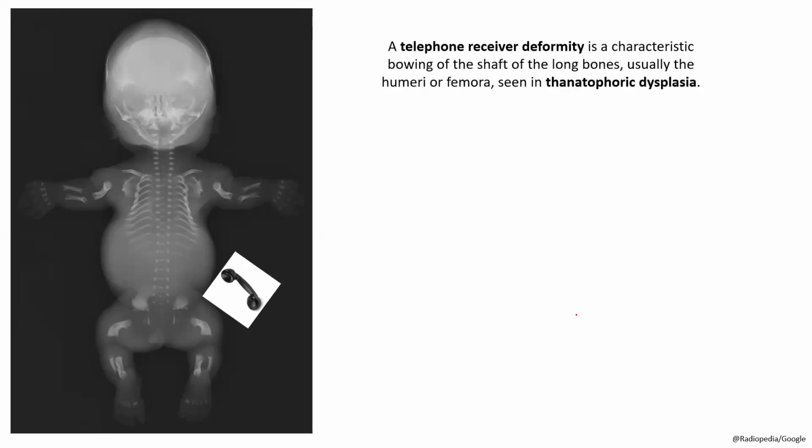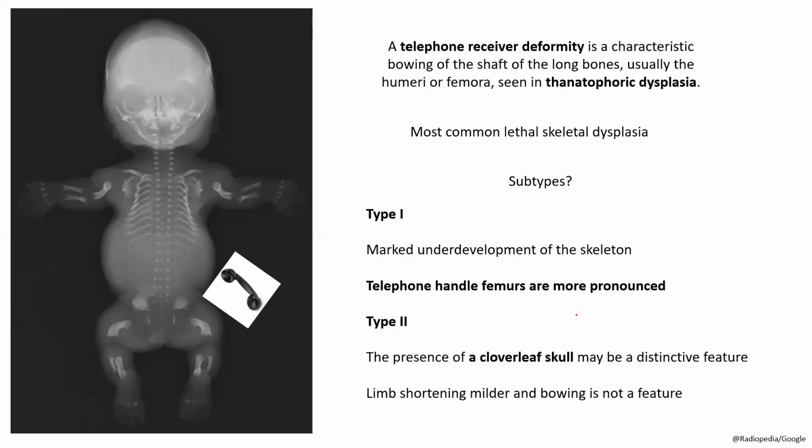What is happening in this infantogram? We are finding here telephone receiver deformity in the shaft of long bones, which is because of bowing of femur and humerus, and it is seen in thanatophoric dysplasia. Thanatophoric dysplasia is the most common lethal skeletal dysplasia, and it has two subtypes.